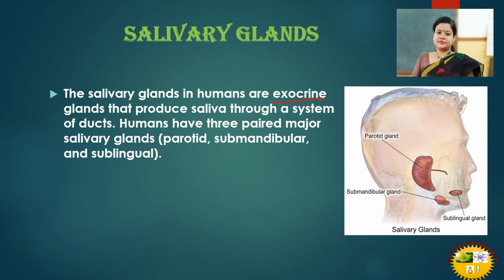Humans have 3 paired salivary glands, so a total of 6 salivary glands: 1 pair of parotid glands, 1 pair of submandibular glands and 1 pair of sublingual glands. Here you can see the parotid gland, then the submandibular gland and the sublingual gland. These are the positions of the 3 pairs of salivary glands.